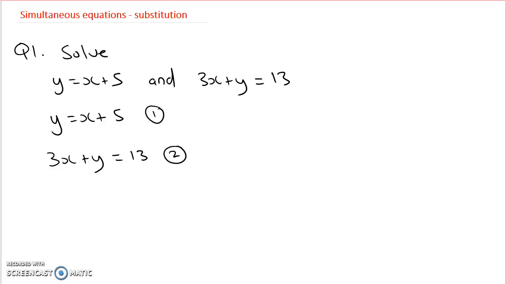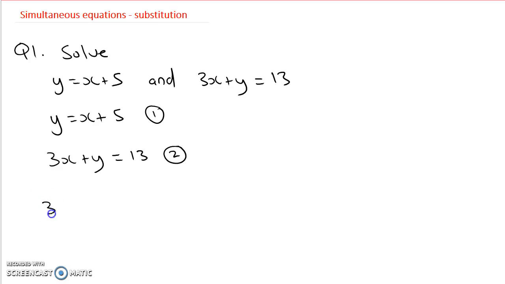Now, what we want to do here is substitute equation 1 into equation 2. So, equation 1 says y equals x plus 5. So, in this equation here, where we see this y, we want to substitute in x plus 5 because we know that y is equal to x plus 5.